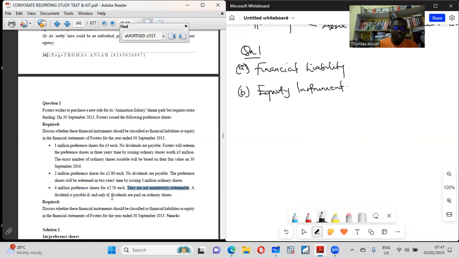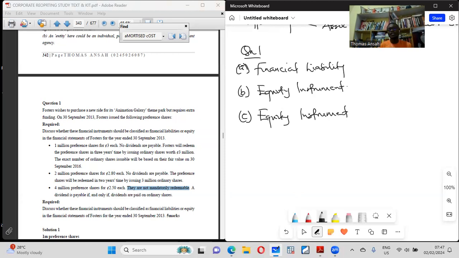A dividend is payable if and only if dividends are paid to ordinary shares. So it has classified the preference share like an ordinary share. So that one too is clear. Your guess is as good as mine. We have an equity instrument. Easy peasy. We get our 5 marks.